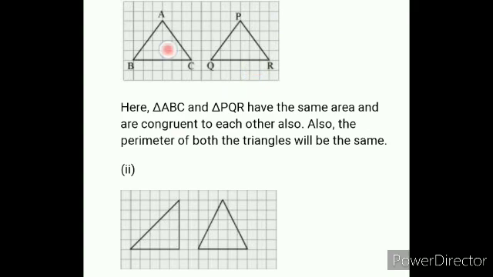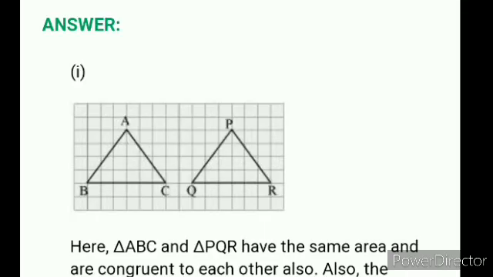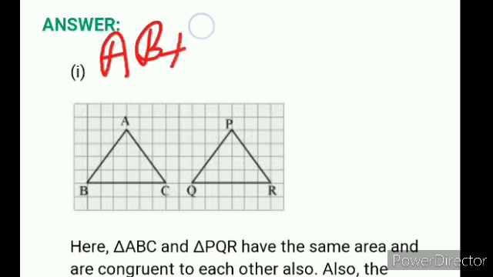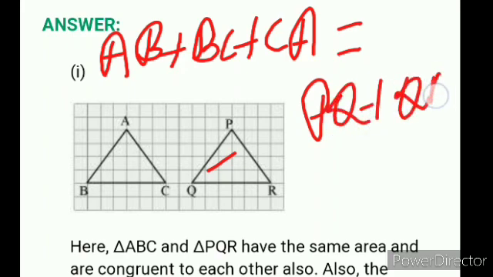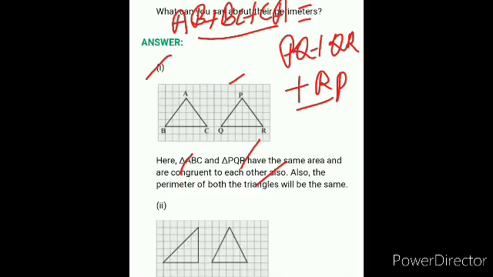Perimeter of triangle ABC, AB plus BC plus CA, is equal to perimeter of triangle PQR, that is PQ plus QR plus RP. So in the first case, the triangles are congruent, so their areas are equal.